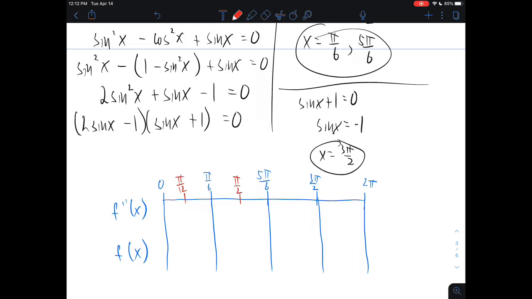Between 5 pi over 6, which is in quadrant 2, and then 3 pi over 2, pi is an easy number. And then finally, between 3 pi over 2 and 2 pi, we can use something that would be in quadrant 4. So like 7 pi over 4.